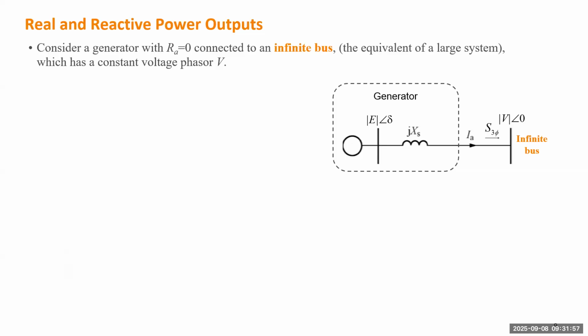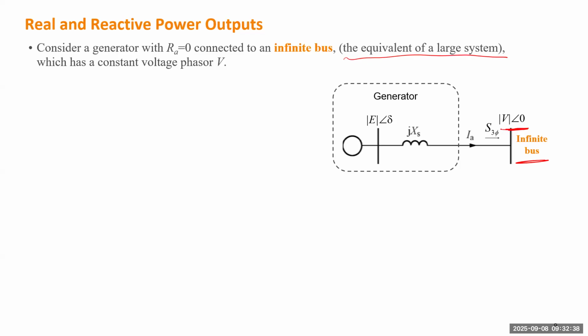But we also don't want to study two complex systems, so we just define a simulated system that we can utilize in AC power systems. We call it the infinite bus. The infinite bus is a single, ideal bus, but it's actually the equivalent of a large system. You may treat it as a simplification of a large system, and because the large system is so stable, the voltage will always be constant. So if it has a voltage phasor, the angle never changes, and the voltage magnitude is always constant.